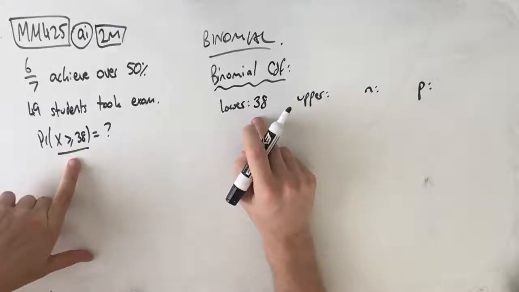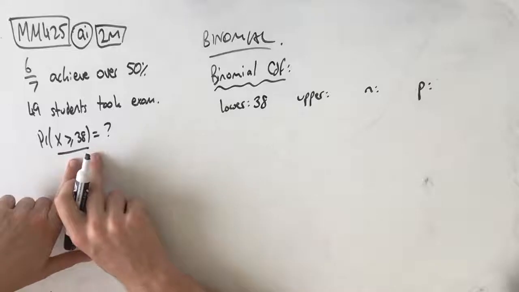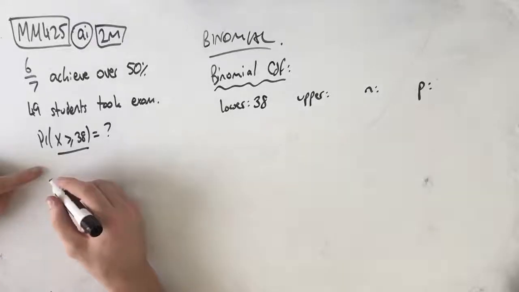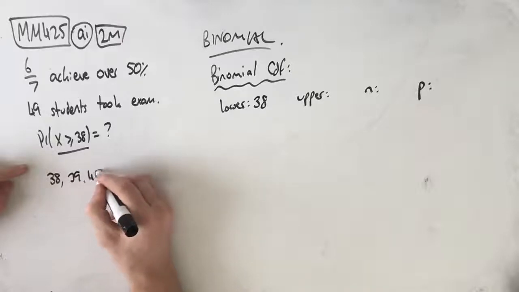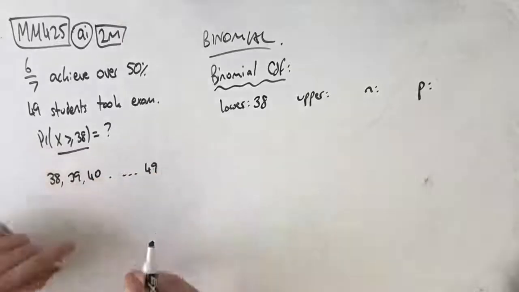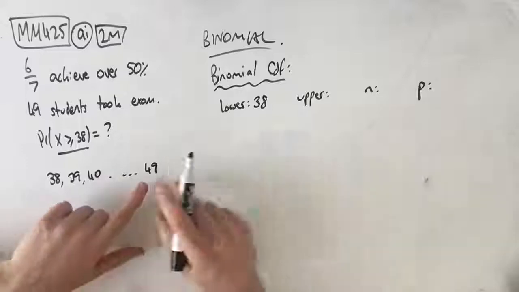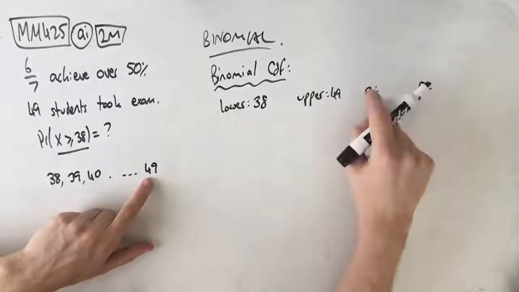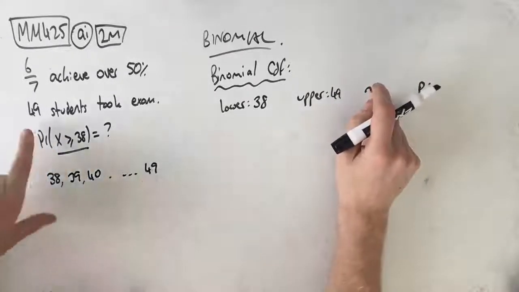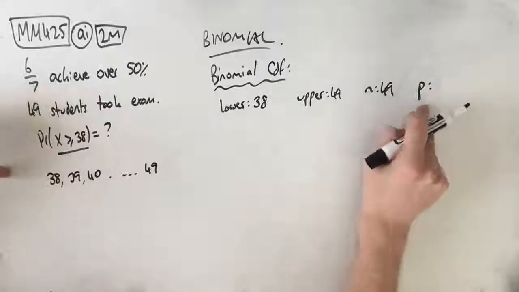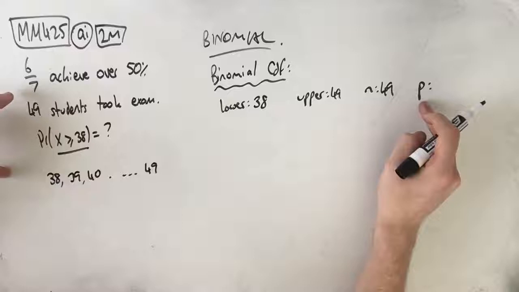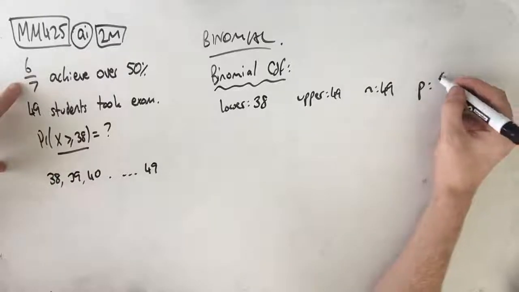Okay, so if we're looking for the probability that at least 38 students get above 50%, we're saying that 38, 39, 40, and so on and so forth until 49. Okay, so our lower is 38 and our upper is 49. Now our N value is actually also 49 because 49 students took the whole exam, right? Our P value is the chance that any given student gets above 50%, which is 6 in 7.